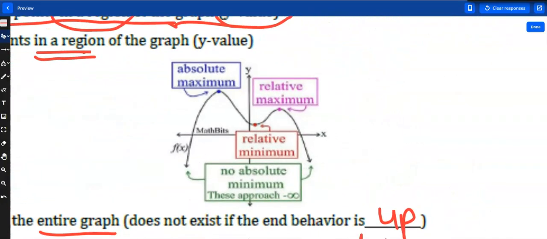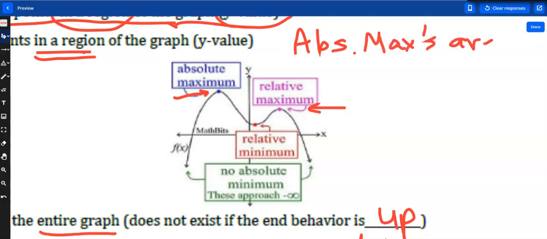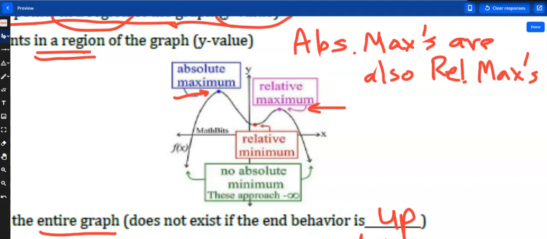So when you look at this picture, we have a relative max and we have an absolute max. Now, to be quite honest, absolute maxes are also relative maxes.